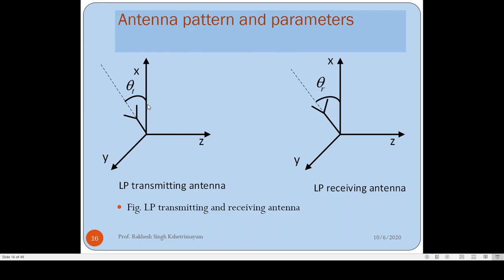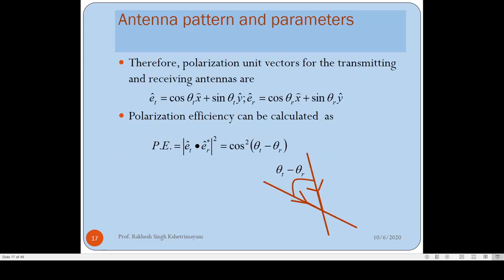So this linearly polarized transmitting antenna is positioned at an angle theta t with respect to the x-axis, and this linearly polarized receiving antenna is positioned along this direction, making an angle theta r with the x-axis. So this theta t and theta r are not equal. In that case, how much is the polarization efficiency? That's what we want to see.